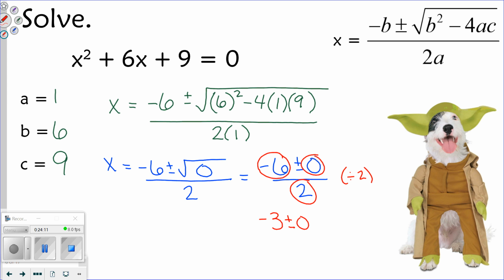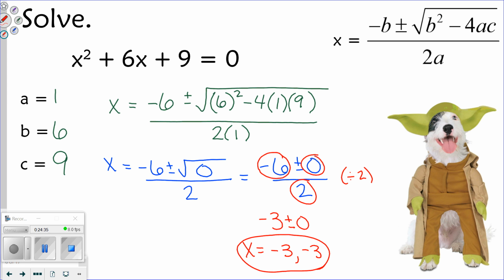Well, what's negative 3 plus 0? It's negative 3. What's negative 3 minus 0? Negative 3. So what were my 2? Do I have 2 answers, like I'm supposed to? Can the 2 answers be the same?